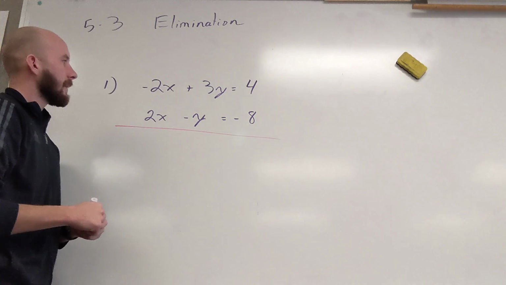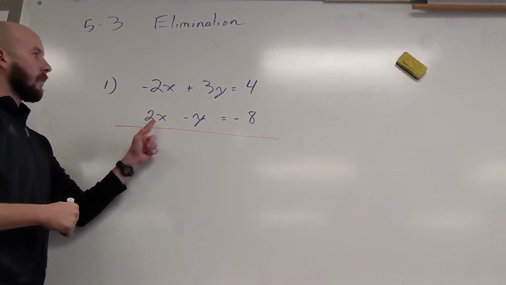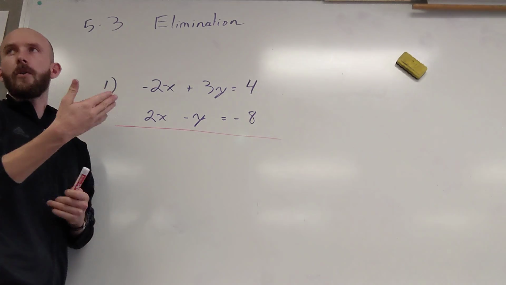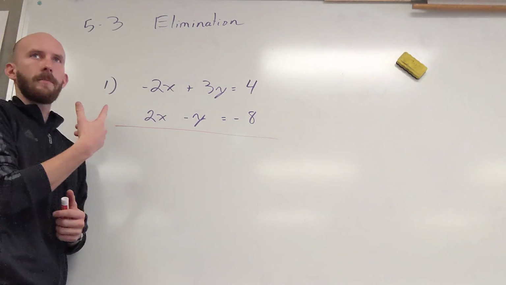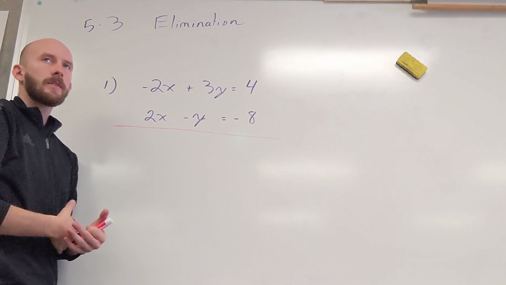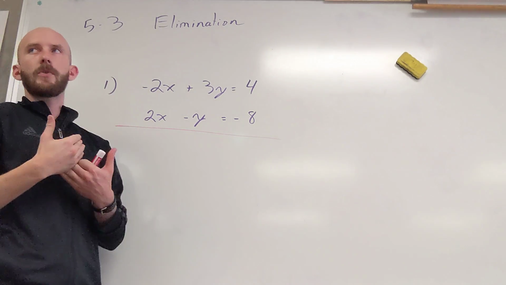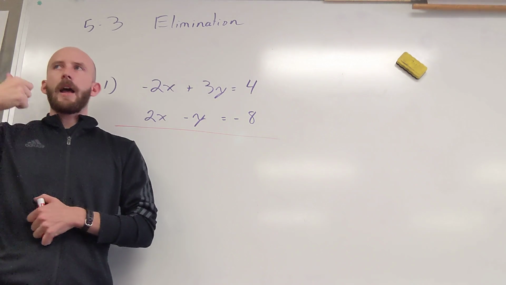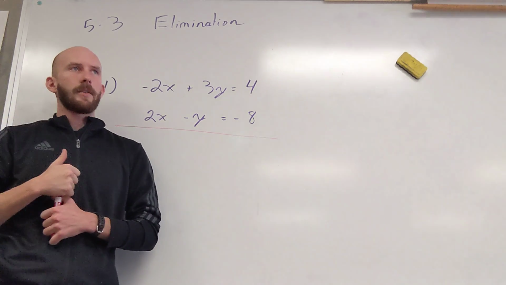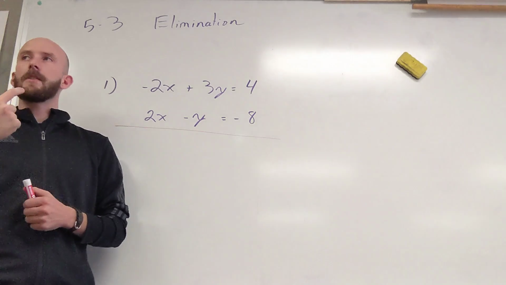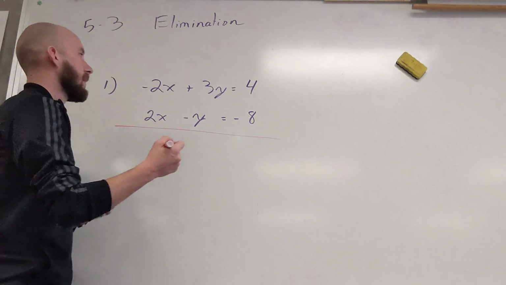In order to do that, you need one of your variables to have the same or opposite coefficients, the numbers in front. So in this case, we have a negative 2x and a positive 2x. In order to cancel those out, you've got to decide whether to add or subtract. If they are opposites, you're always going to add.